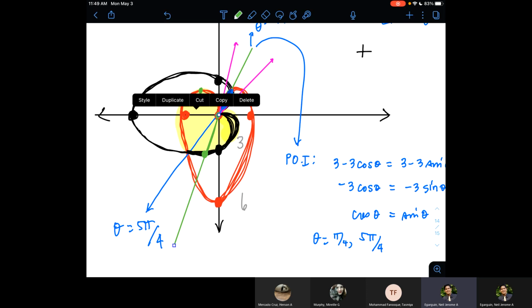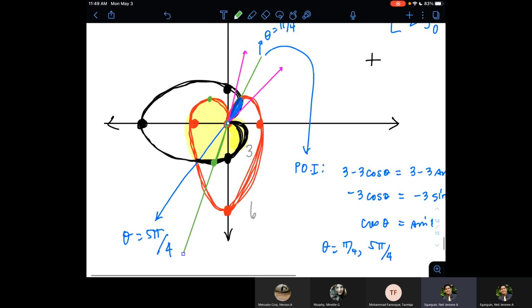So that means I need to split the integral up into two pieces, integrate from pi over 2 until 5 pi over 4 using the red curve, and then from 5 pi over 4 until 2 pi, integrate using the black curve.